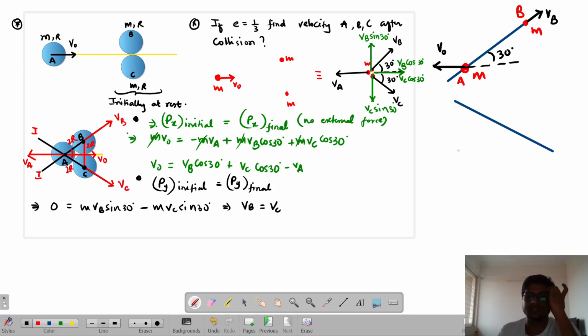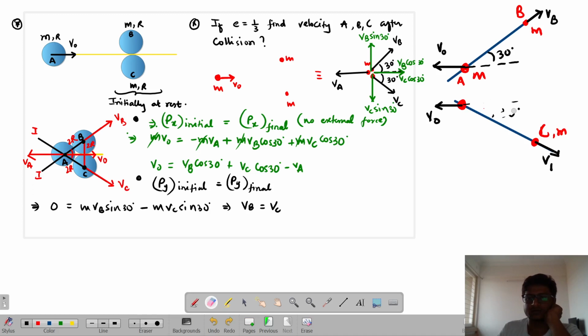Is that clear? Similarly, I can take A and C. C is going this way, and A is going this way, isn't it? So v naught, once again this angle is 30, and this is v of C. Are you able to get me?